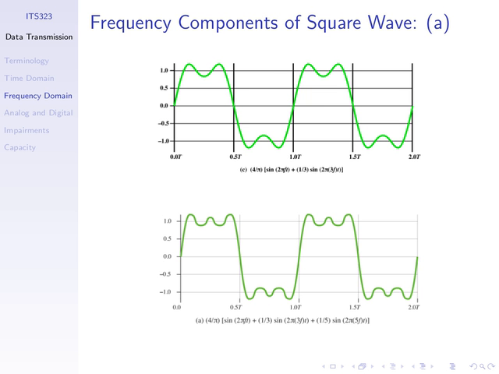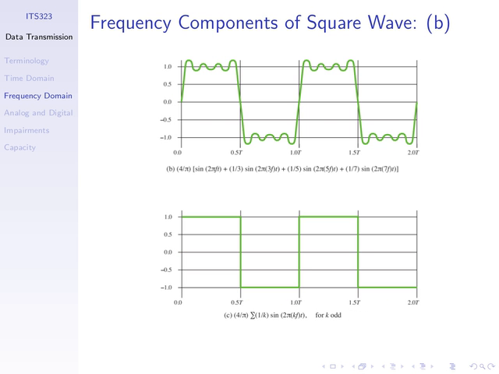We cannot see much yet. Let's add another component, the top one. We add a fourth component, 1/7 sine 2 pi 7ft. And we can see that the shape is getting a little bit more square at the top.